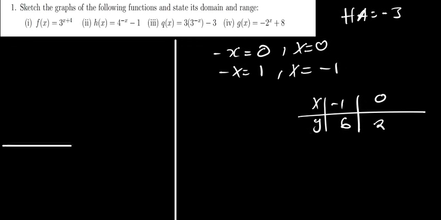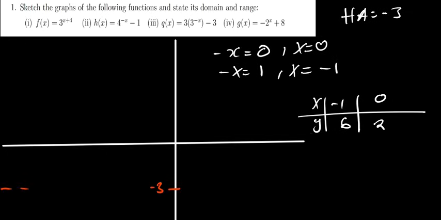So there we go. We can clearly see that we have -3, so I'll cut the line. Another thing that I have is -1, 6.